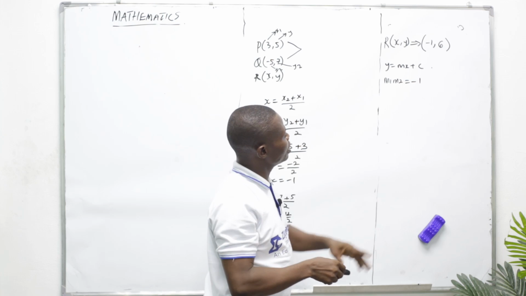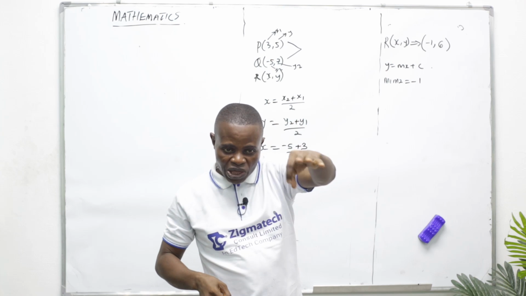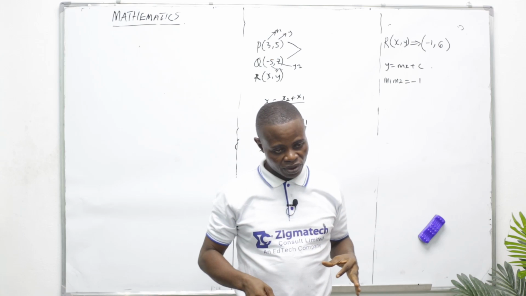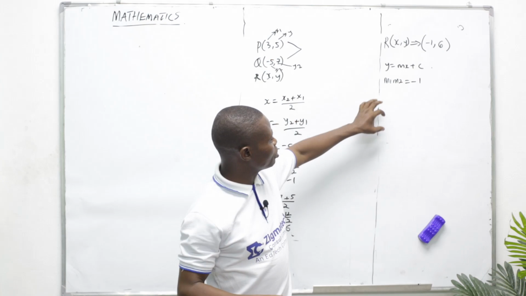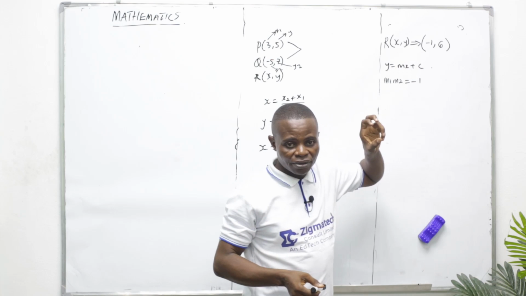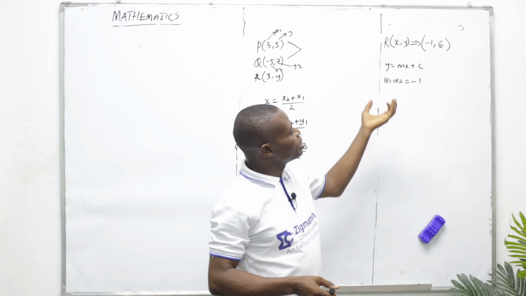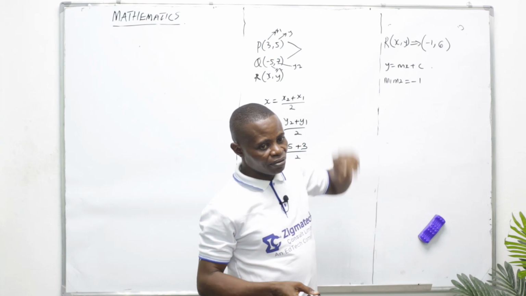As you're with me, let's try to recall how we can generate what we need for this solution. So how do you do that? Look at how we're going to do it. Now, this is R, (-1, 6). What is the gradient of this point?